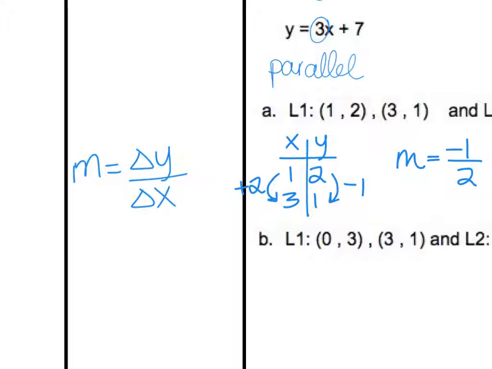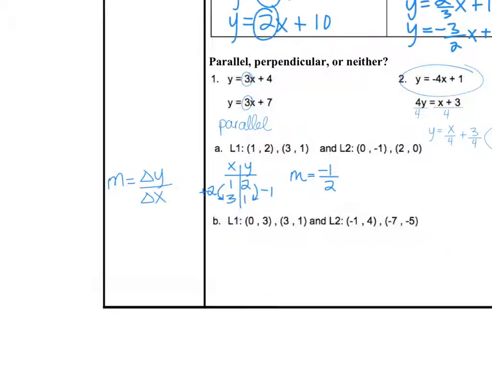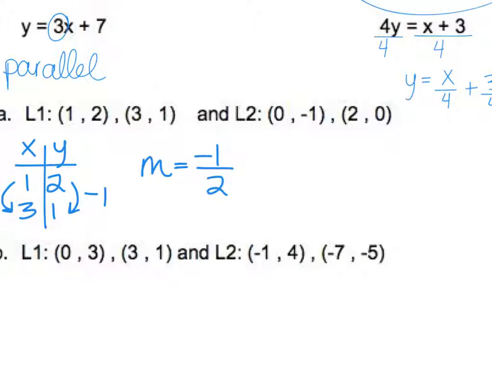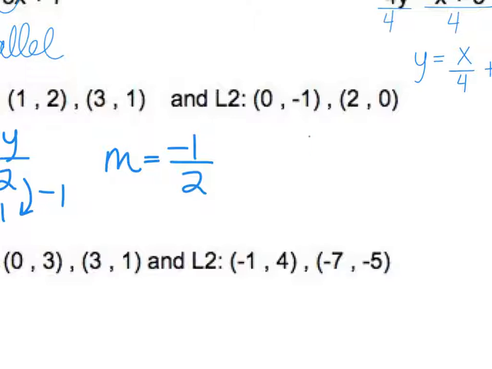We're going to do the same type of thing for L2. Again, if you like the slope formula, then do that. I'm not. I'm going to make a table and use the table. So I plug my points into my table. Alex, what's my change in y?